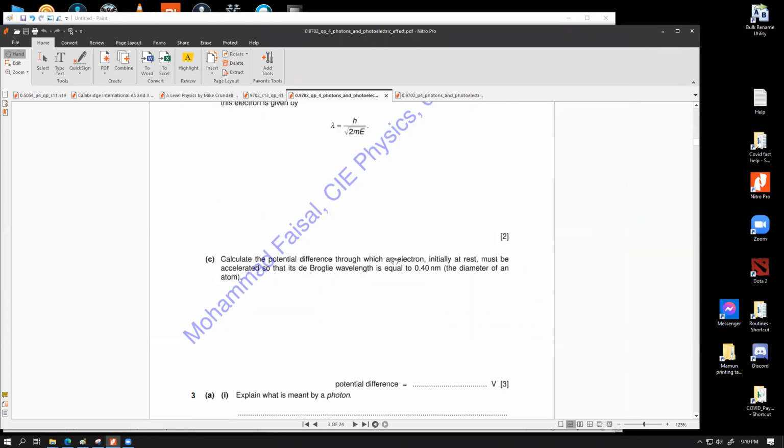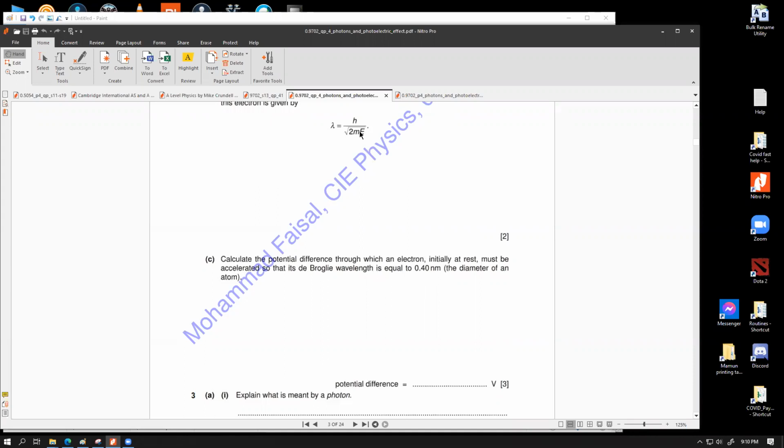Have a look. Calculate the potential difference through which an electron initially at rest must be accelerated so that the de Broglie wavelength is equal to 0.40 nanometer, the diameter of an atom. Read the question carefully. We're trying to find out the voltage that will supply the energy to the electron, which will make the de Broglie wavelength equal to this value.